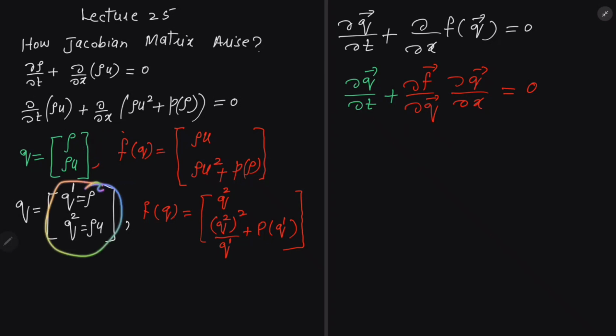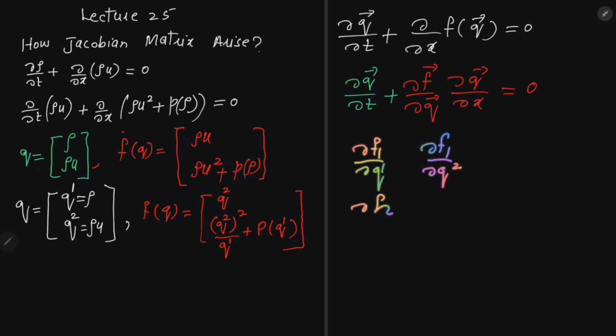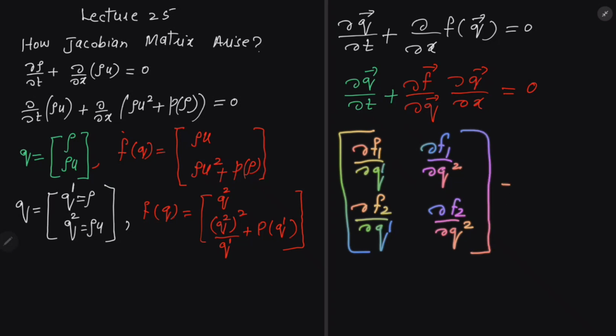So for partial f by partial q, we require partial f1 by partial q1, partial f1 by partial q2, partial f2 by partial q1, and partial f2 by partial q2. When we put all these derivatives into a matrix, this is called a Jacobian matrix.